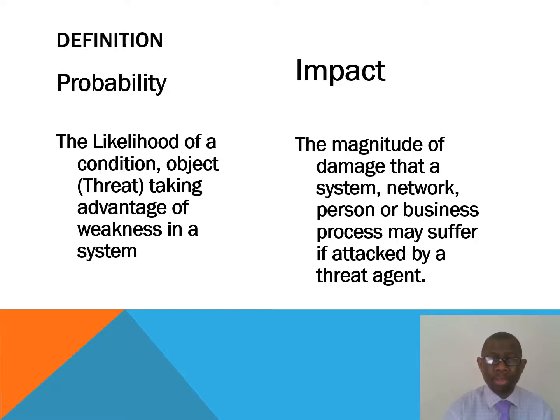We know that the threat can take advantage of the weakness, but with the current controls in place, is it likely that this threat will still be able to take advantage of the weakness in the system? We want to know that. Then the impact is the magnitude of damage that a system, network, person, or business process may suffer if attacked by the threat agent. That is the impact we're talking about here.